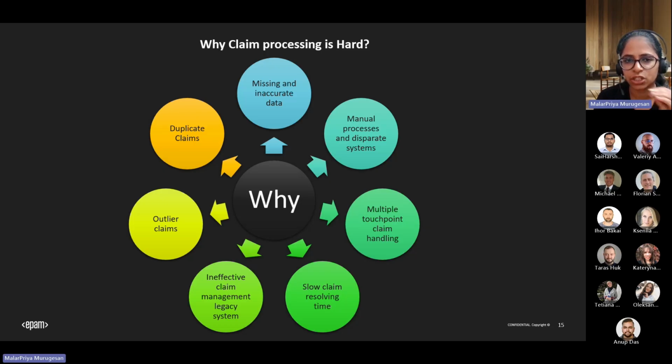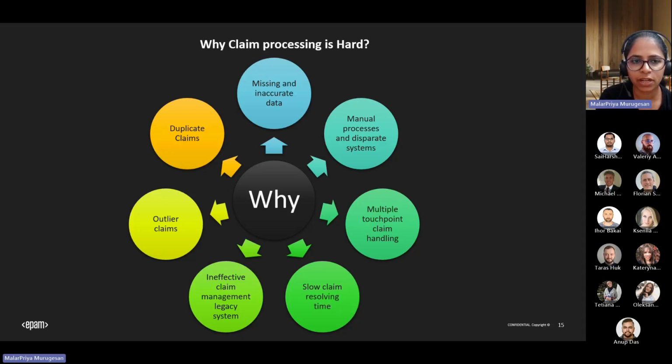And if you design your process with multiple touch points, definitely that will be a bigger issue. The fourth one is slow claim resolving time. Why do we have a delay in claim resolution? Maybe we have ineffective claim management legacy systems that have a complex rule engine, right? If that happens, then of course people will definitely not like it.